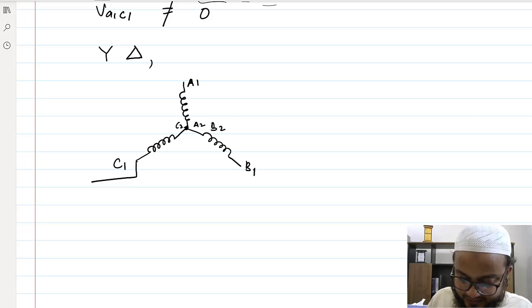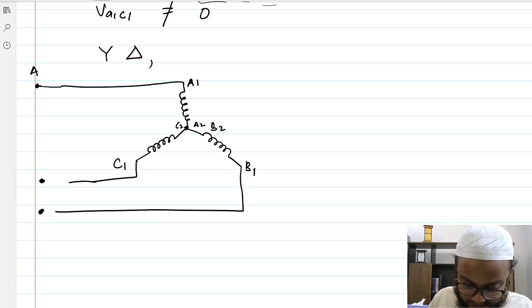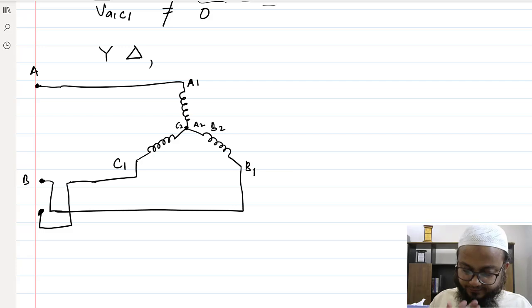That will make a star. This is A phase, this is B phase, and this is C phase. I could have drawn B here as well, that would not be a problem, because the phasor diagram and the winding representation do not have a correlation.